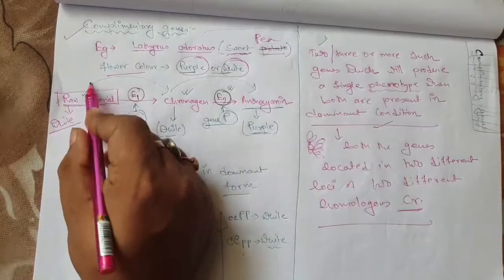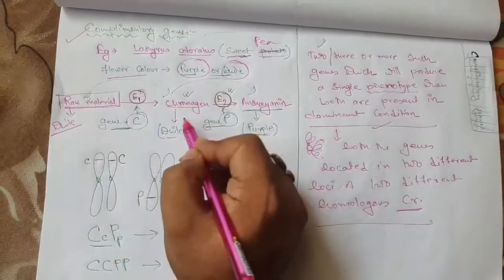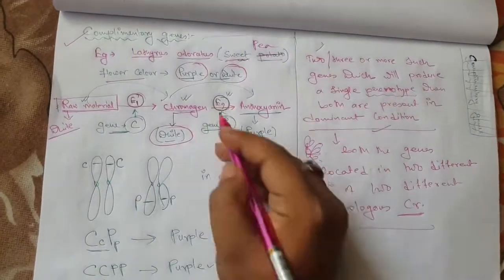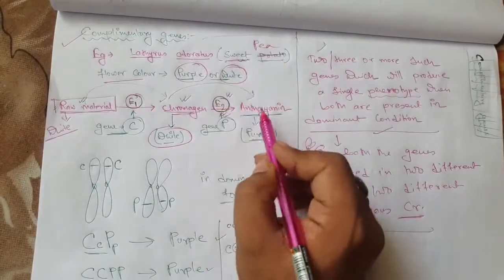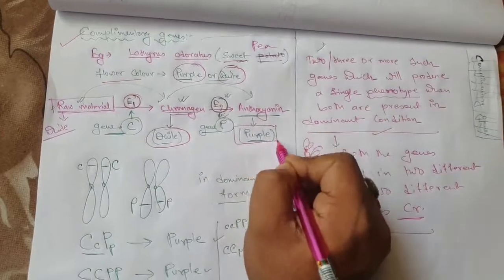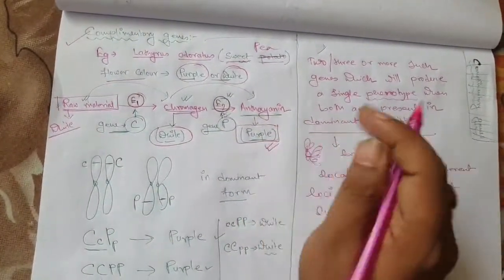If the raw material is converted into chromogen due to an enzyme E1, still the flower color will be white. And if the chromogen with the help of an enzyme 2 is converted into an anthocyanin, in this case the flower color will be purple.